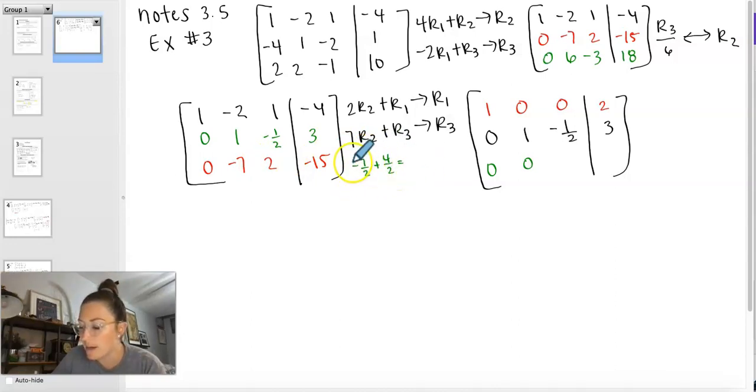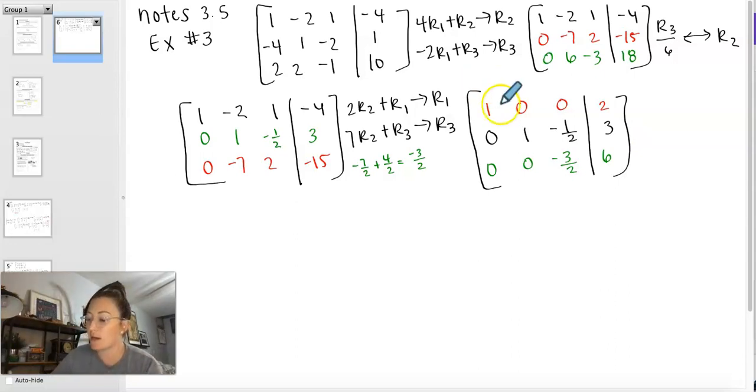When we have common denominators, you just add or subtract the tops. So I'm going to get negative 3 over 2. And this guy right here, we're going to get 7 times 3 is, what, 21. 21 minus 15 would give me a 6. Okay. Making progress.